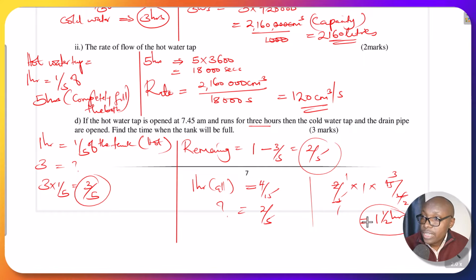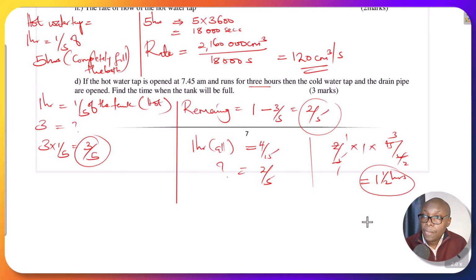So the question is, find the time when the tank will be full. So remember, the time taken will be given by from 7:45 a.m. First, the hot water tap ran for 3 hours. You add 3 hours. And then after that, all the taps running took 1.5 hours.